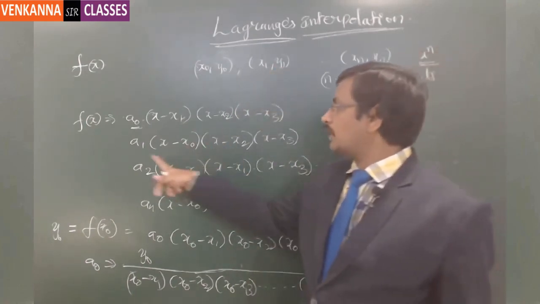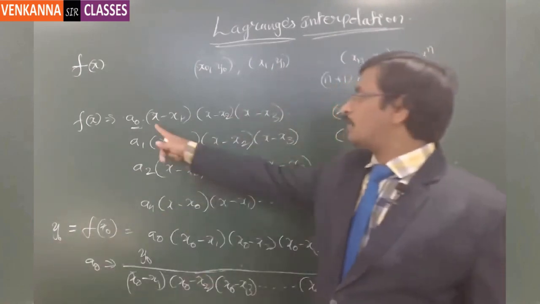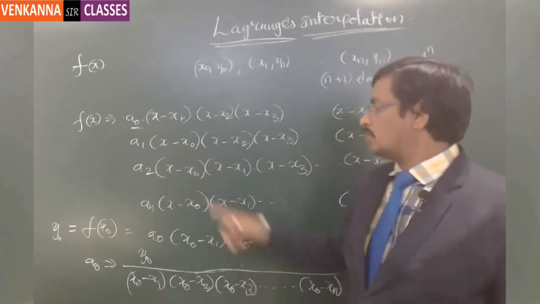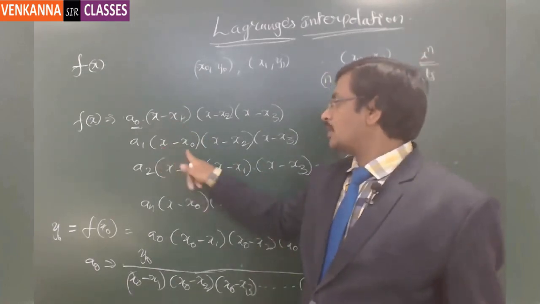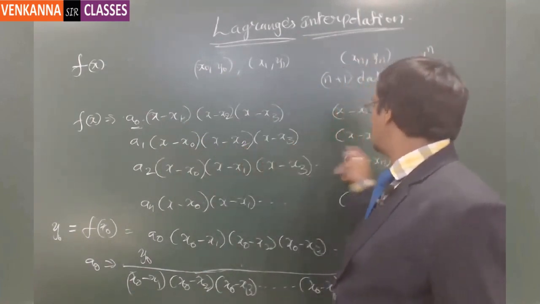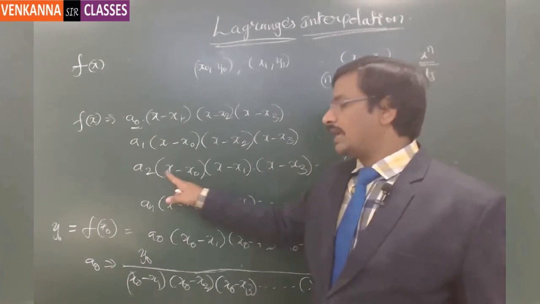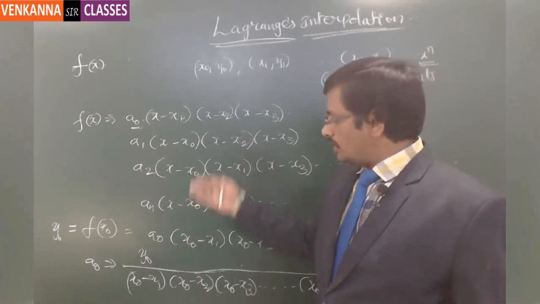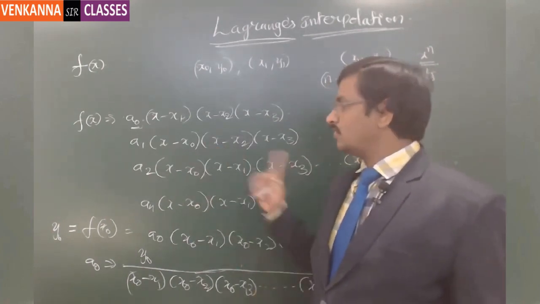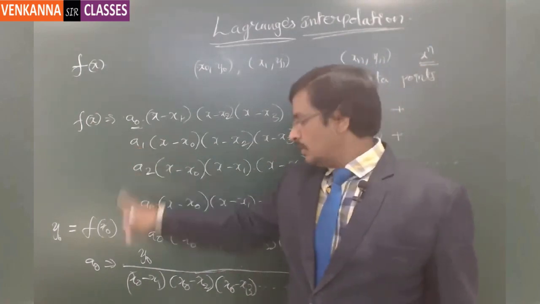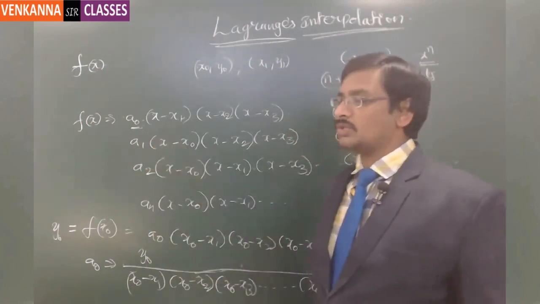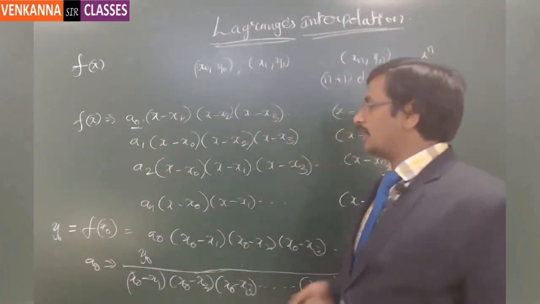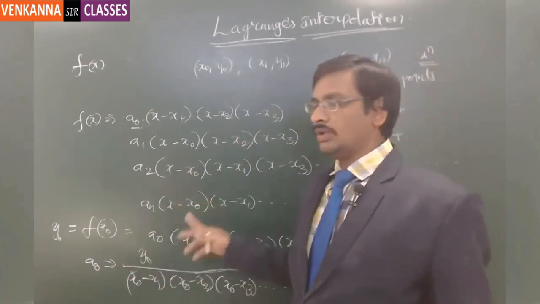Then f of x1 becomes y1, and every term containing x minus x1 becomes 0, so we are left with only one unknown, a1. Like this you can calculate all the unknown values a0, a1, a2, a3, up to an.